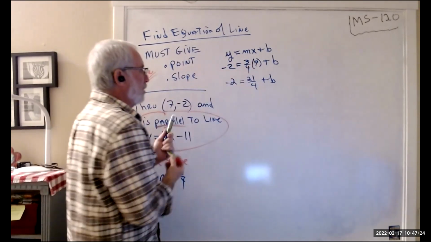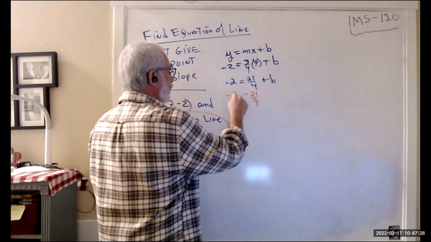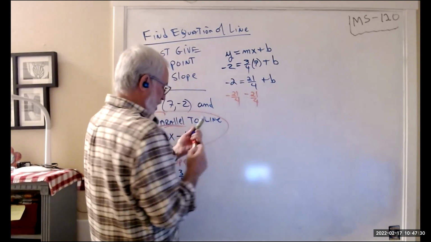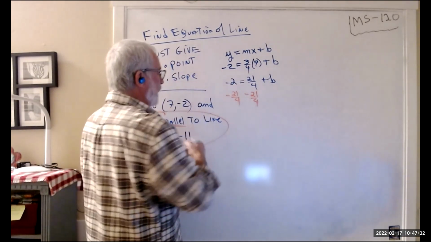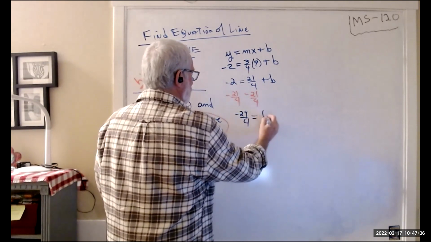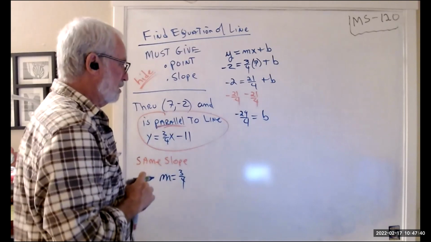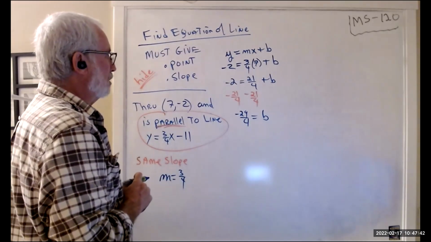You're going to use your calculator to take away 21/4 from both sides. And I get -29/4 is b. Can anybody confirm that? That's what I got.